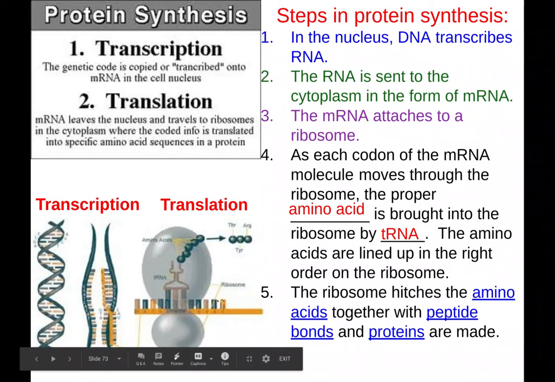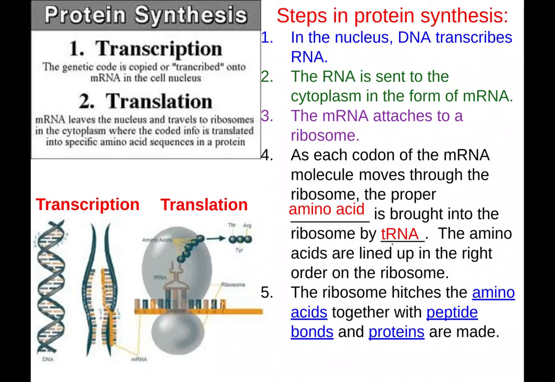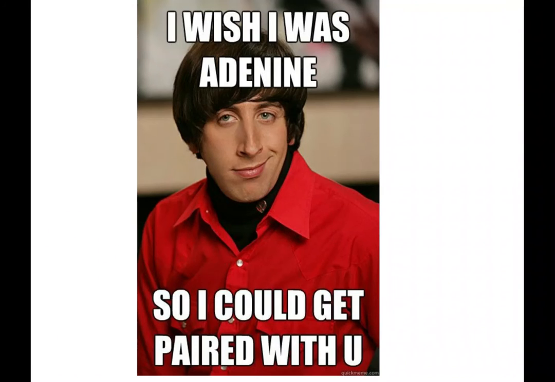So it's translating. Now, the difference between RNA and DNA, there are a few, but the main difference is when we are making these codes, instead of A matching up with T, A is now going to match up with that U, that uracil that we talked about earlier. So adenine is going to get paired with U.